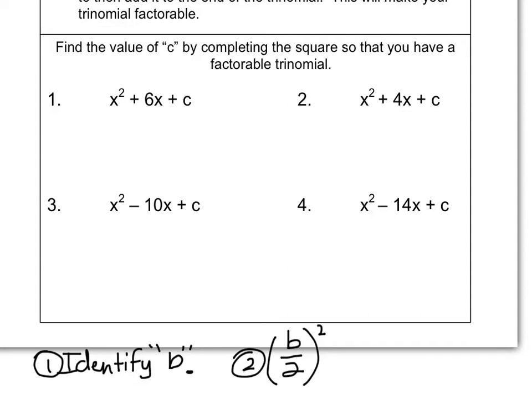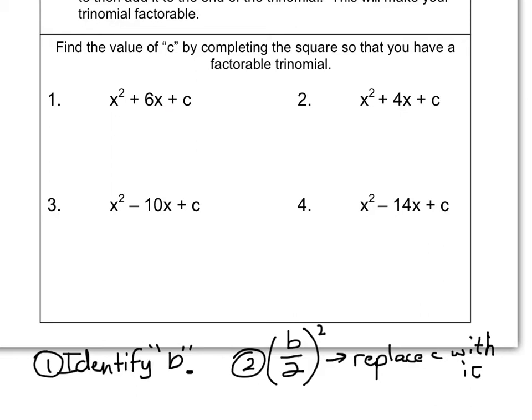And then we're going to replace C with it. So once we find that B over 2 squared, we're going to replace the C with that. So let's take a look here at number 1.